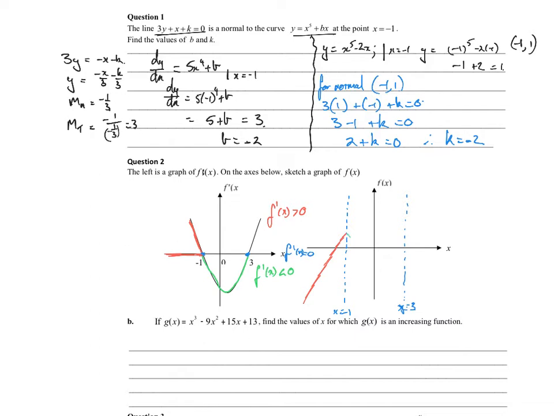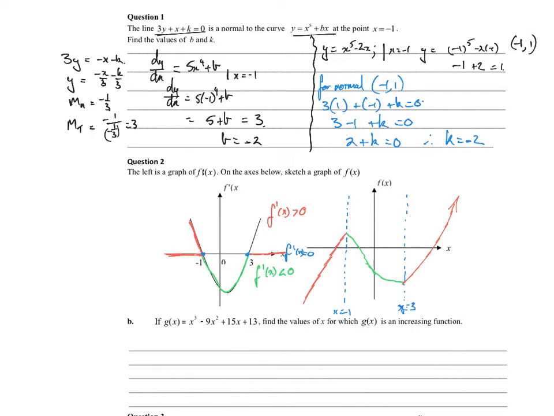So it's coming down the whole way. So the gradient is negative through there. And then outside of this section here, my gradient is positive again, so it's heading up. So the graph could look like that.